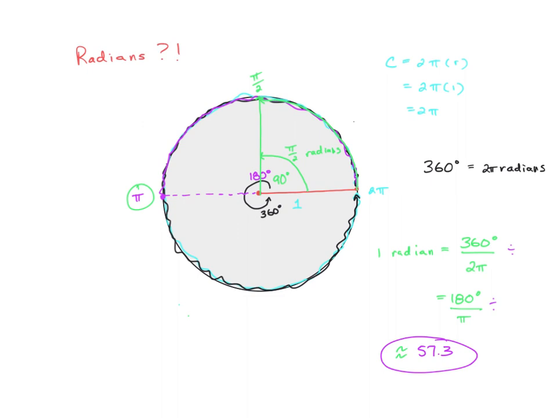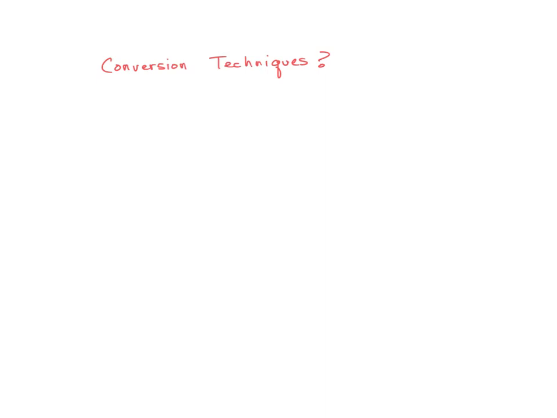And again, what I want to do on this next slide is look at that. If you're going to convert degrees to radians, then we are going to use the angle measure that's given to us, and multiply it by pi over 180.